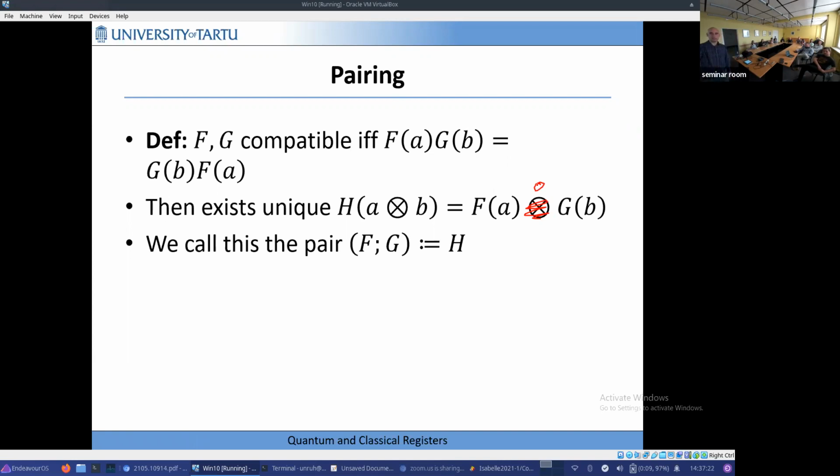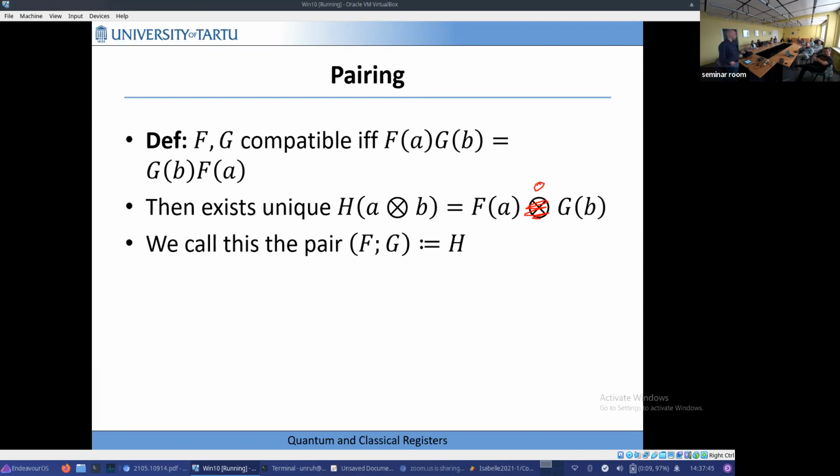It's the same as doing B on G and then A on F. So the H register allows us to do the two operations together on H, which is the same as doing them sequentially on F and G, or the other way around, because compatibility says this order doesn't even matter. And this is what we call the pair.